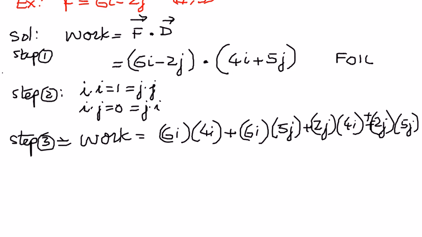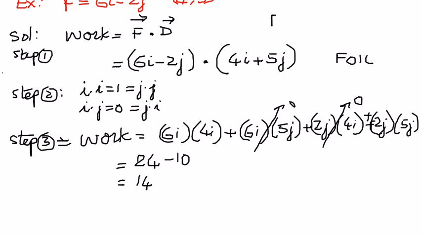Okay, so therefore, since i dot j is equal to 0, that goes to 0, and j dot i equals 0, therefore that goes to 0. Therefore 6 times 4 is 24, i dot i is 1, and then plus negative 2 times 5 is negative 10, j dot j is equal to 1, therefore it will be negative 10. So 24 minus 10 is going to be equal to 14.